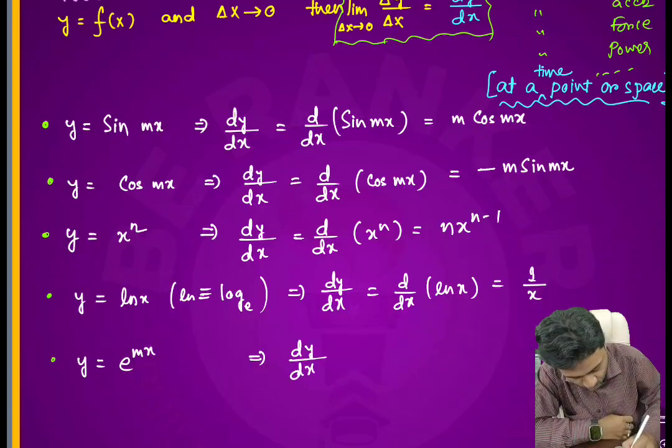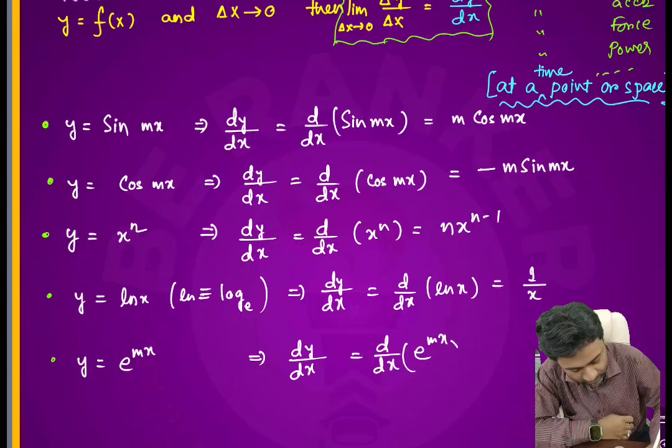And if y equals e to the power mx, then dy/dx, that is d/dx of e to the power mx, will be m times e to the power mx.